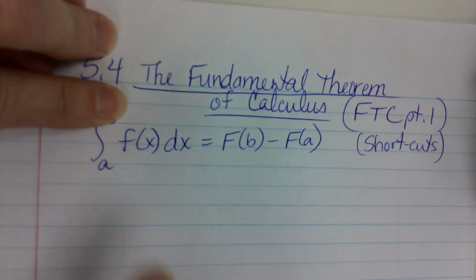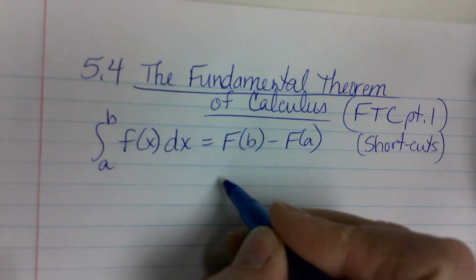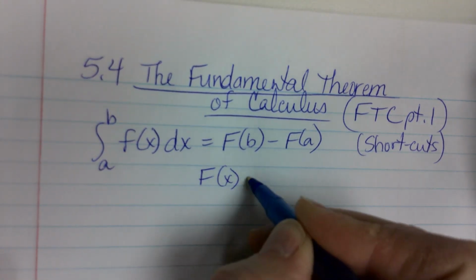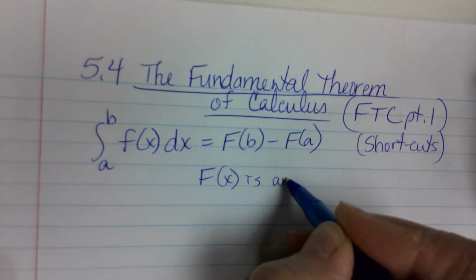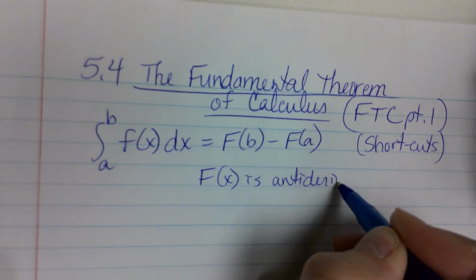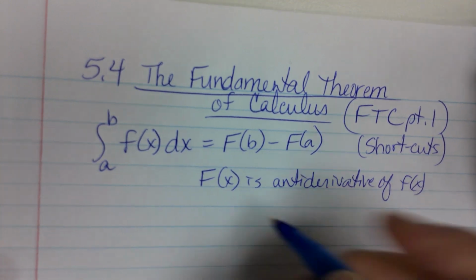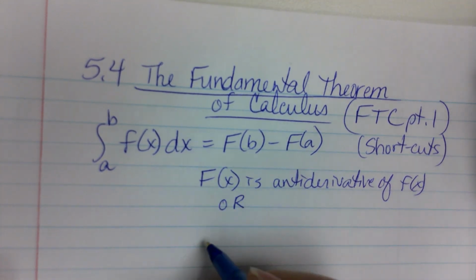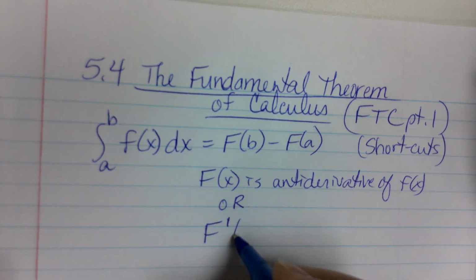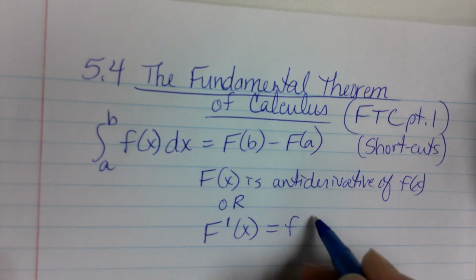Antiderivatives, correct. This capital F of x is an antiderivative of little f of x. Or, in other words, we could say capital F prime of x is equal to little f of x.